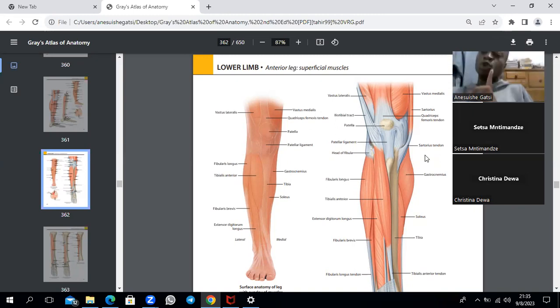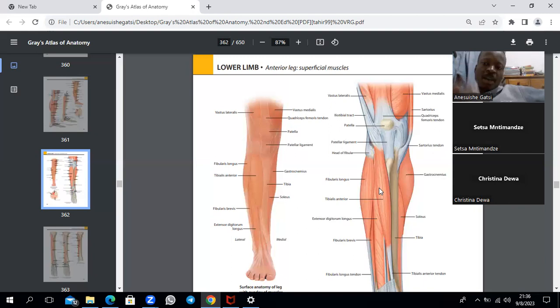Number two, I've told you that muscles in the anterior leg, blood supply is anterior tibial artery. Right. So number three, something that is unique about all these muscles in the anterior leg, they all originate from the fibula, except one.